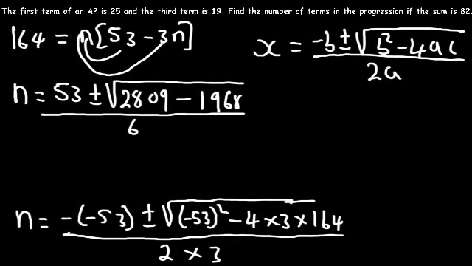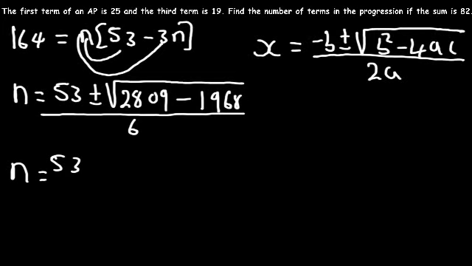Perfect. Now what we are going to do next is subtract the values within the radical. So in the end, oops, that was a mistake. n will be equal to 53 plus or minus the square root of what exactly is 2,809 minus 1,968?